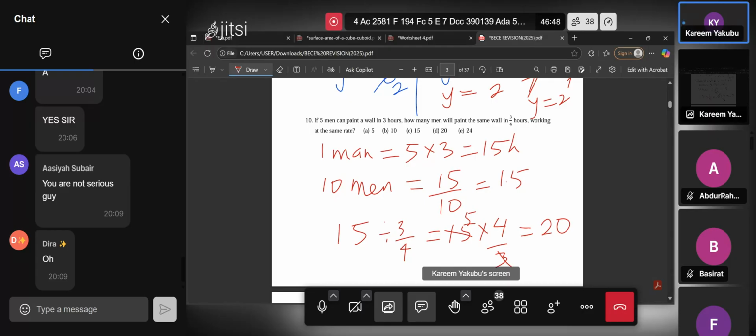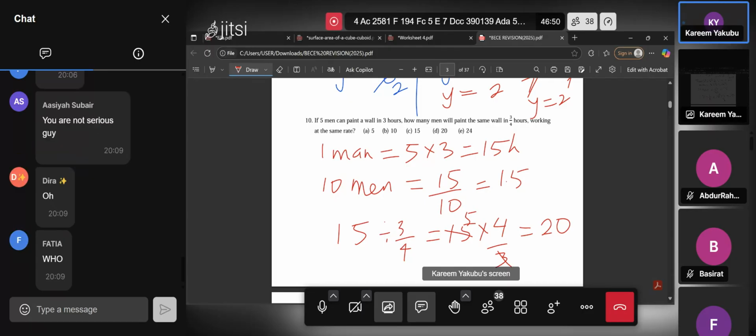Which means 20 men will use 3 over 4 hours to do the same work. 20 men. You can see what I did. I divided by the number of hours it will take one man to do it. Now we are looking for how many men will do the same work in 3 over 4 hours, so we are going to divide.